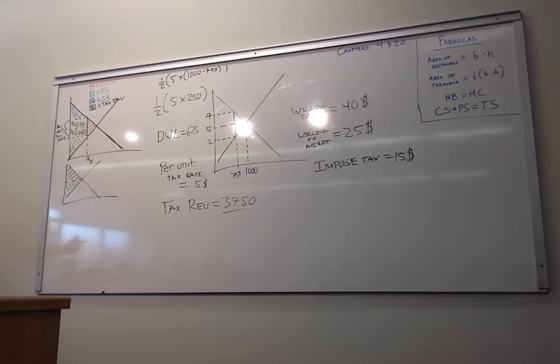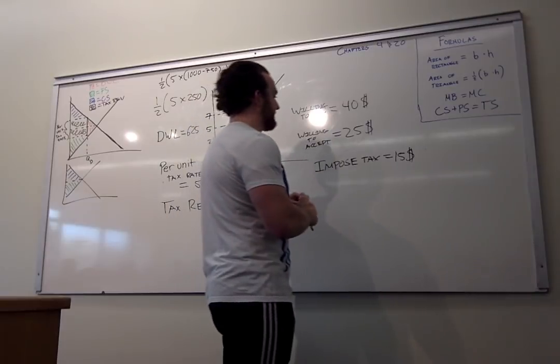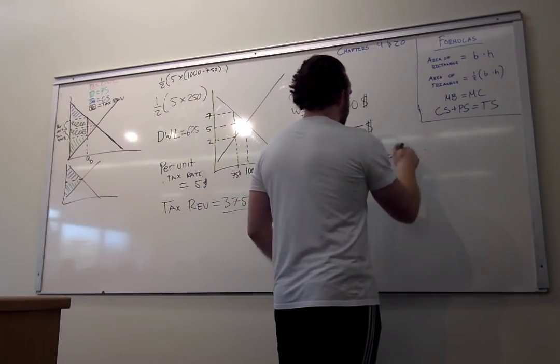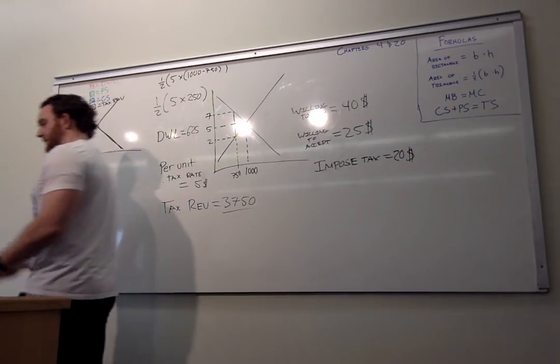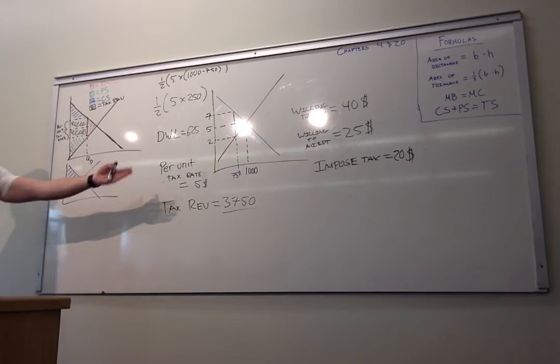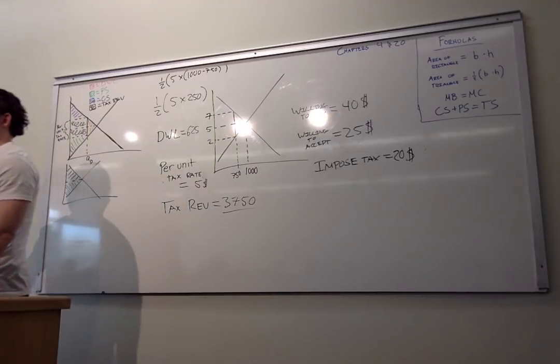Does that make sense? So then what would happen if the government said, hey, we're making pretty good money off of screwing over econ tutors. Let's change this tax rate to 20. What's going to happen now? Nobody wins. Right, the transaction's not going to take place. Because the minimum that Tanner is going to be willing to accept will be $45, and the maximum he's willing to pay is $40.